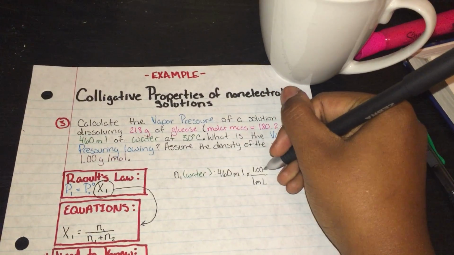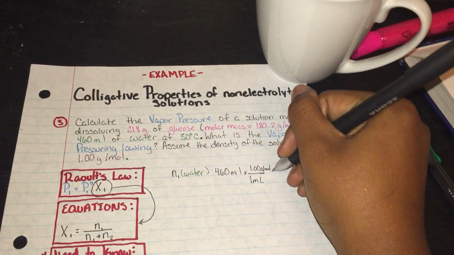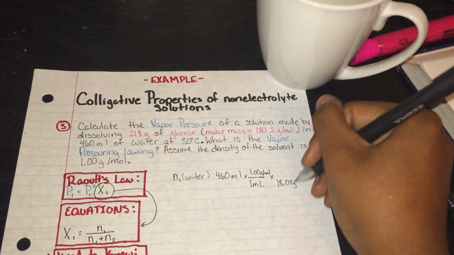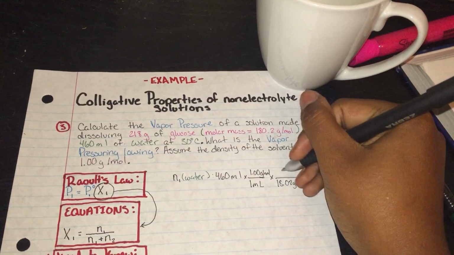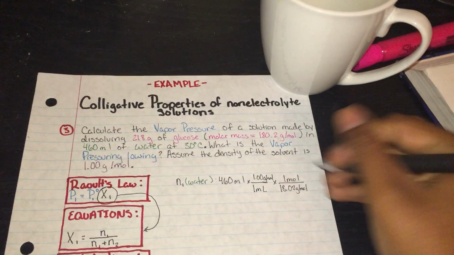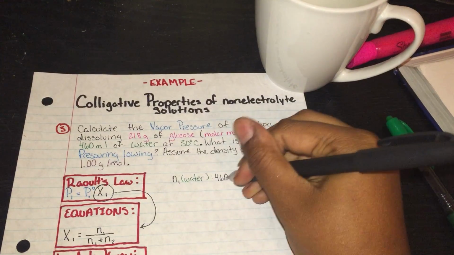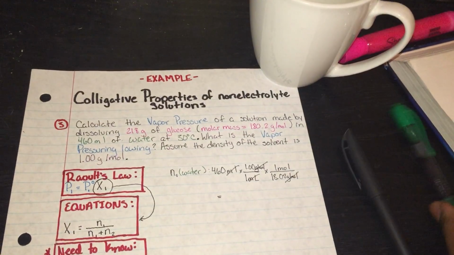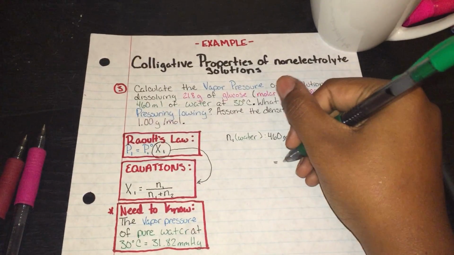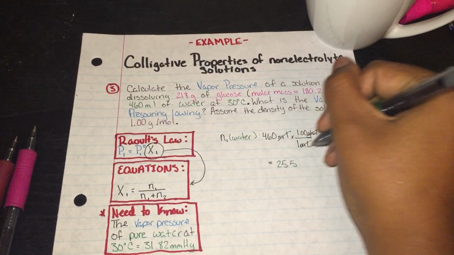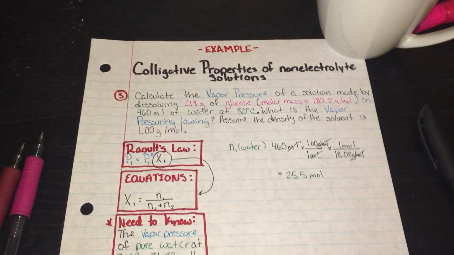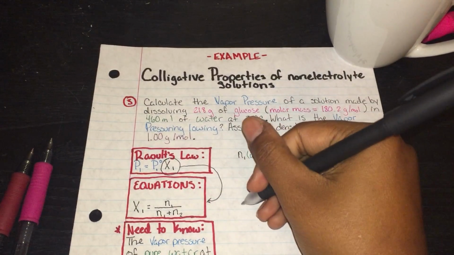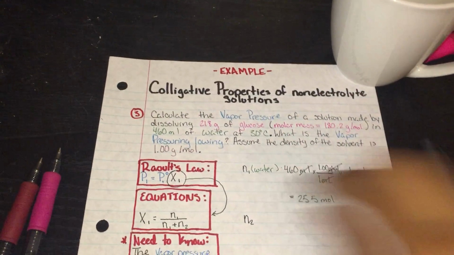It's equal to 1 gram per mole times the molar mass of water equal to 1 mole. These cancel out and the milliliters cancel out, and all we're left with is 25.5 moles of water.